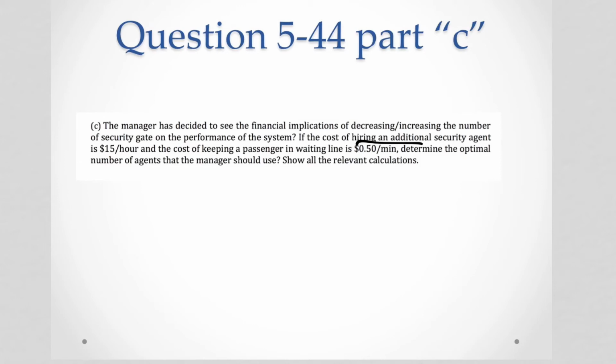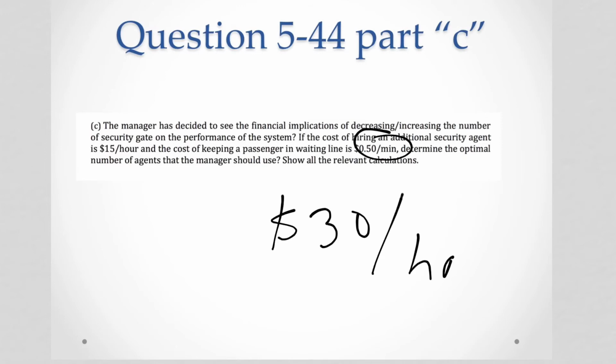And the cost of keeping a passenger waiting in line is $0.5 per minute. Now, I don't know why they give the information in dollars per minute, but we'll convert it to dollars per hour, and $0.5 per minute is equal to $30 per hour.